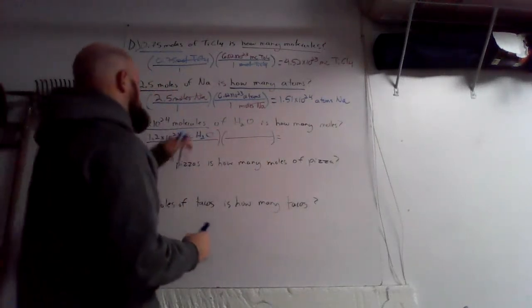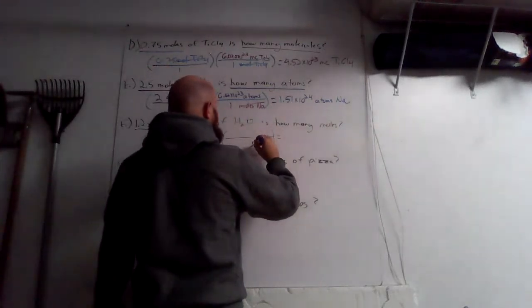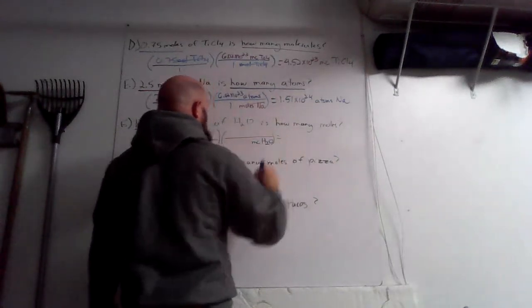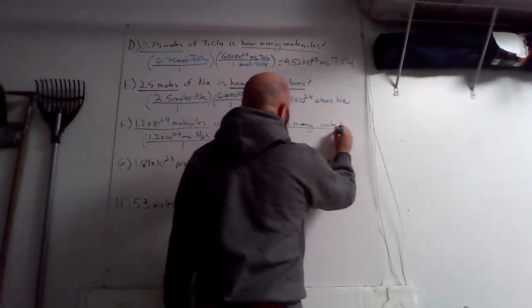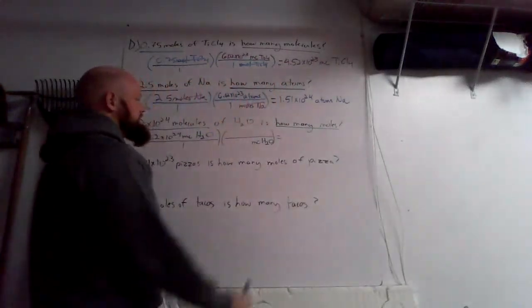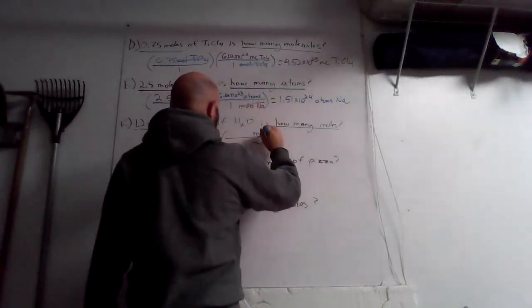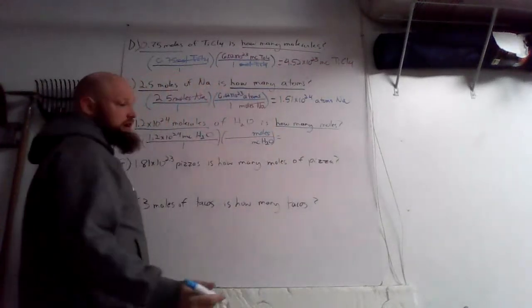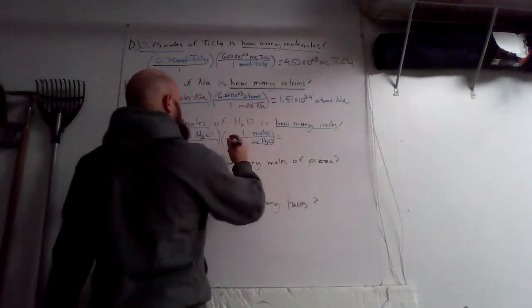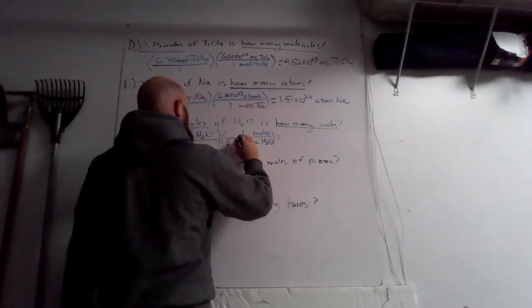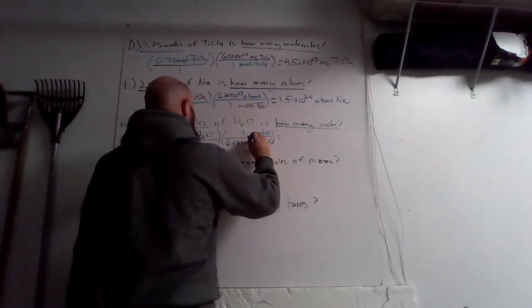Okay, bring the same unit down. So I have molecules of H2O. The question asks me, how many moles? So moles goes up on the top. And I always know 1 mole equals 6.02 times 10 to the 23rd.